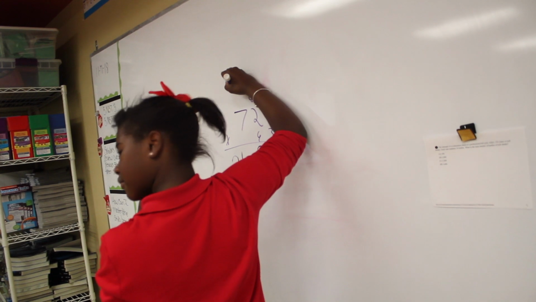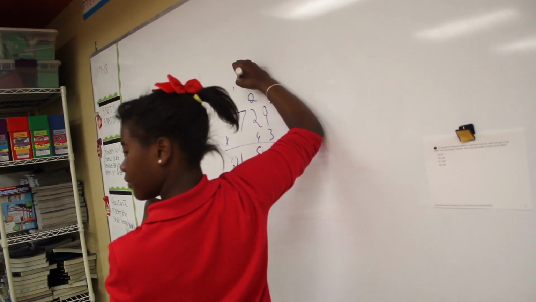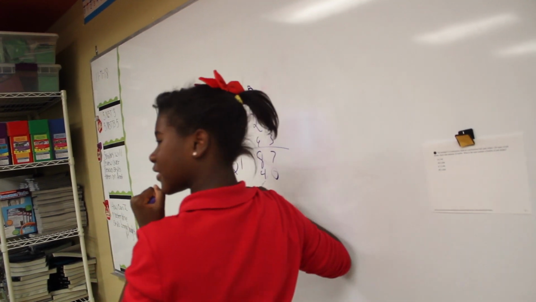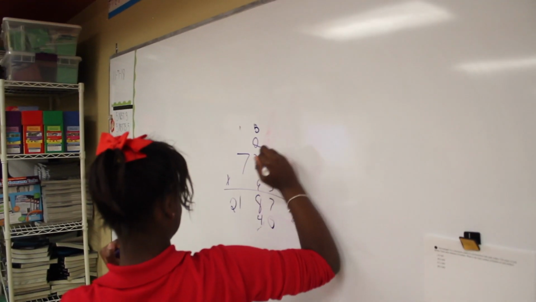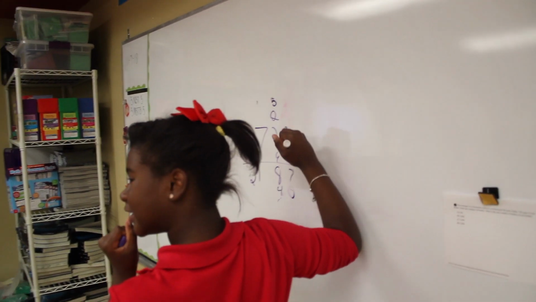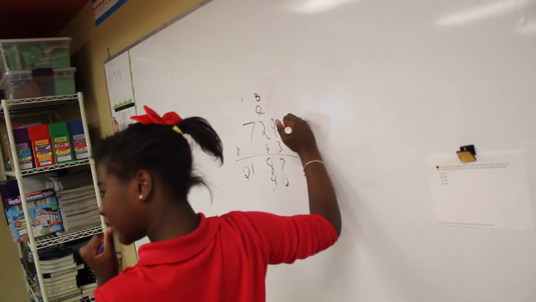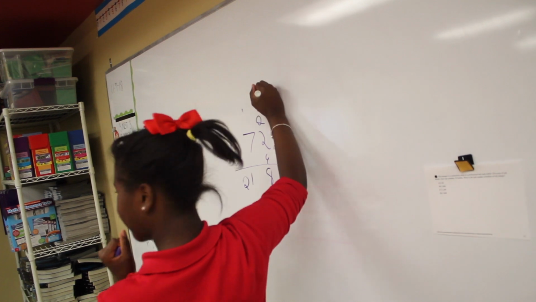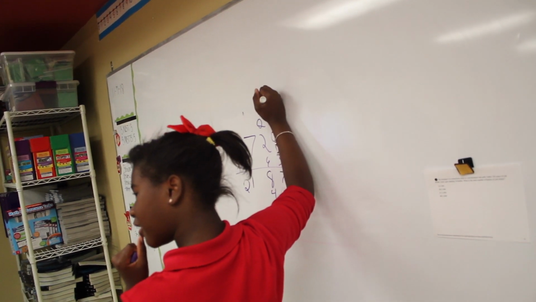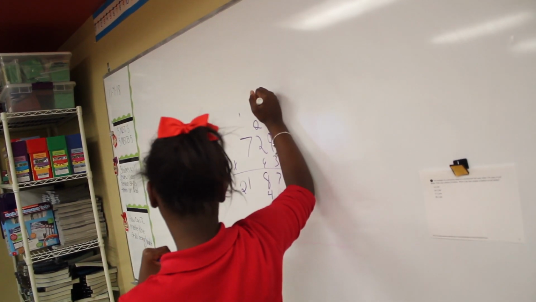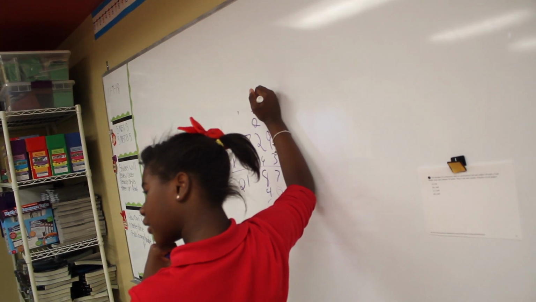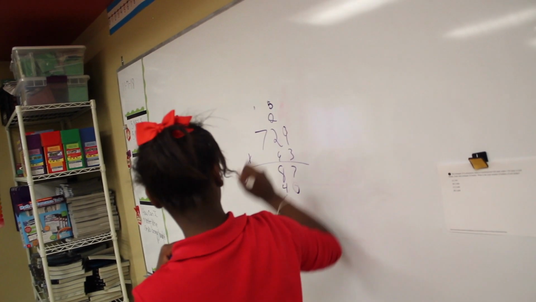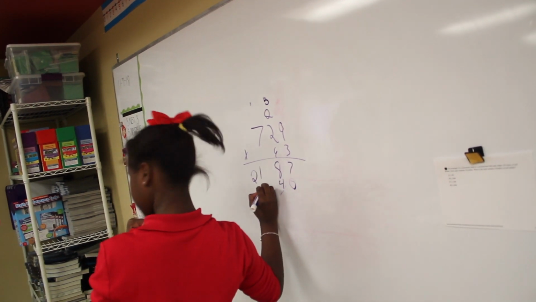Then 6 times 2 is 12, plus 5 is 17. Where do you put it? Drop your 7 and carry your 1.